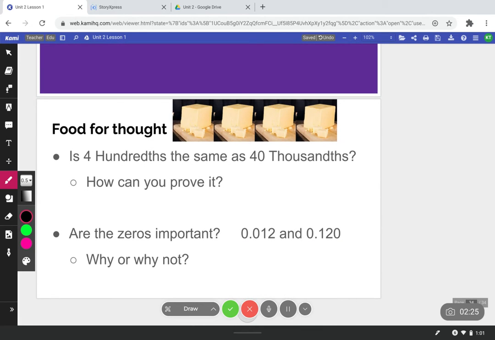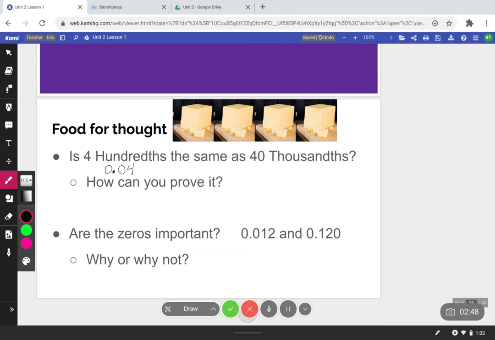Okay, so here is an important part of the lesson. Is 4 hundredths the same as 40 thousandths? Oh gosh, that's a tough one. So I'm going to write it out. What is 4 hundredths? I'm going to have a 0, decimal, 0, 4. That's in the hundredths place. So that's 4 hundredths.